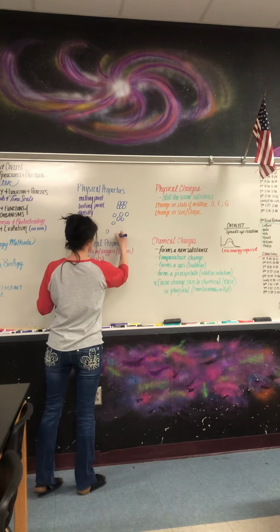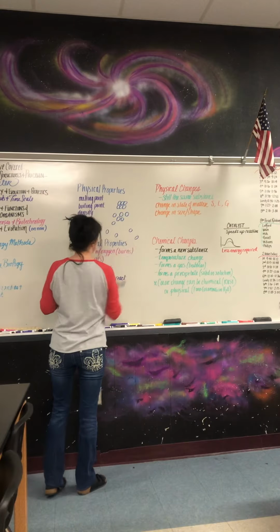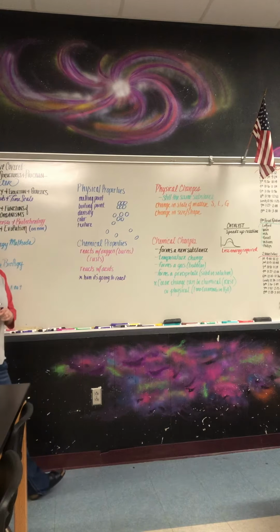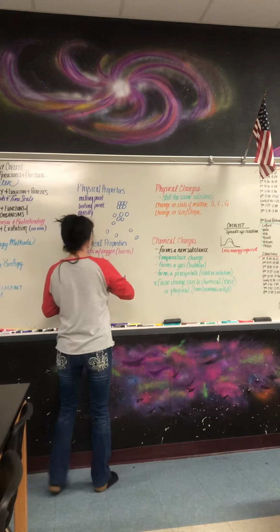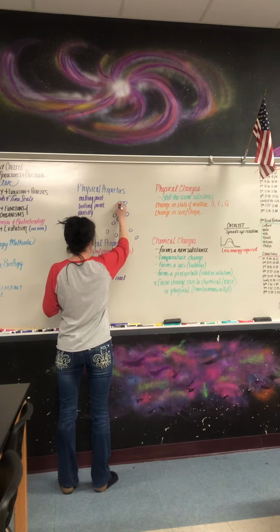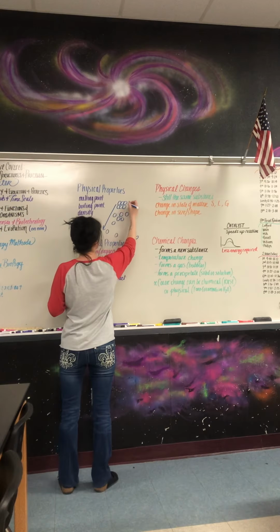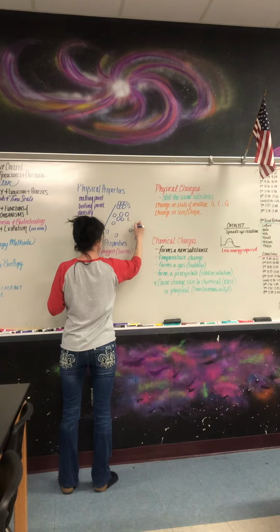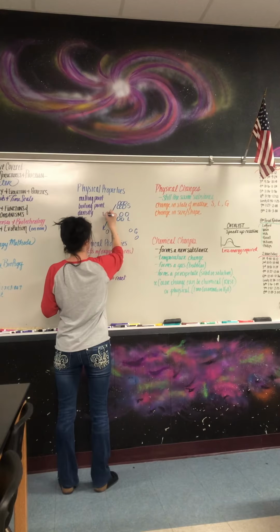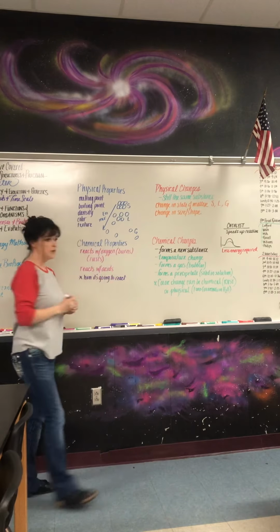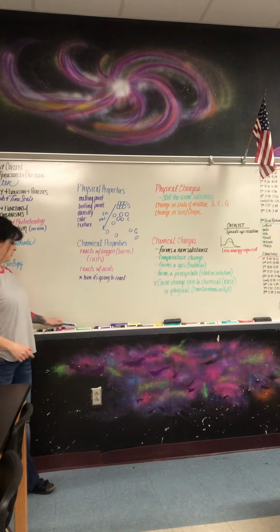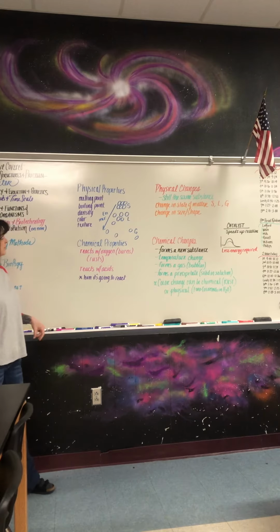And then the gas particles are really far apart. They're really spread out. You have an increase of energy as you go from a solid to a liquid to a gas. So the energy increases. Therefore, the particles are moving around faster and they're spreading further apart.